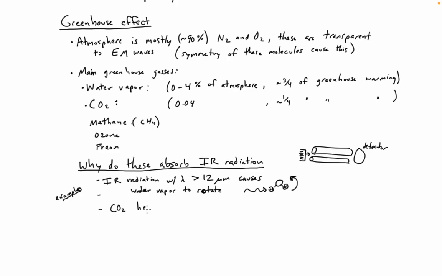Carbon dioxide has what's called a bending mode of vibration. That absorbs electromagnetic radiation that has a wavelength around 15 microns.